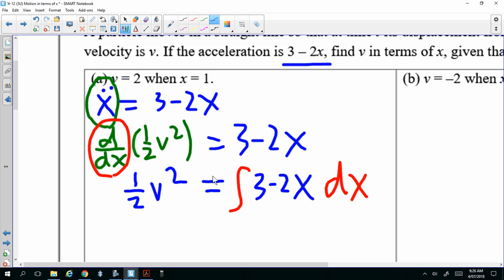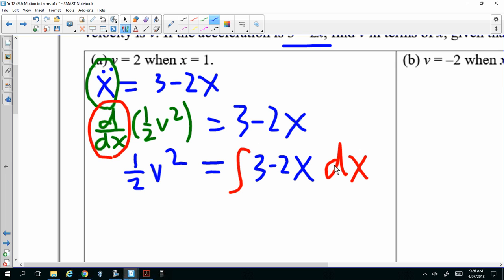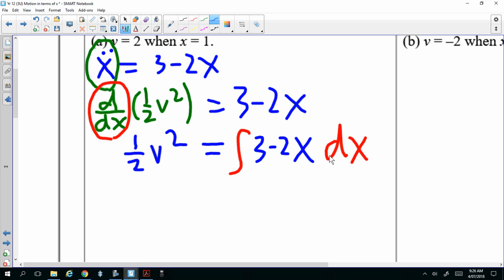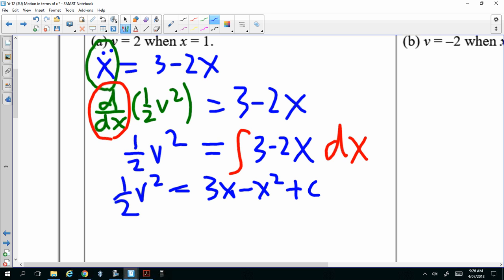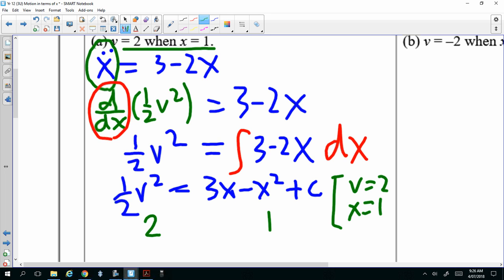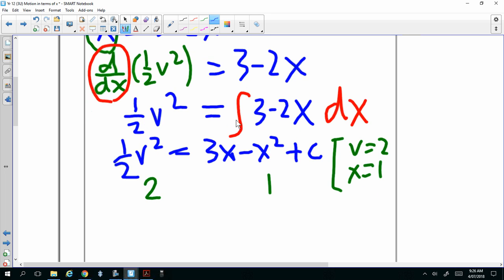Okay, and then we continue. Half v squared equals 3x minus x squared plus c, using the formula we learned about integration. And then we use the information that when v is 2, x is 1. Like that. And then you work out, so half times 2 squared equals 3 times 1 minus 1 squared plus c.